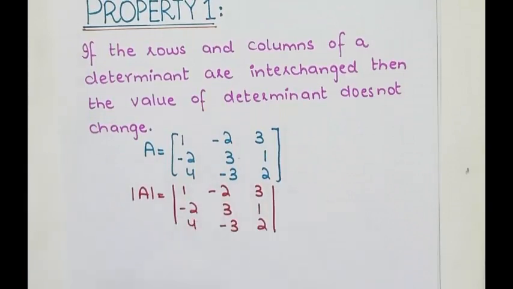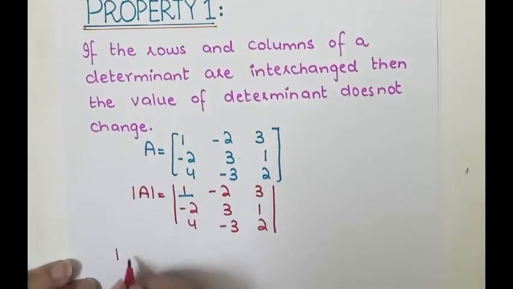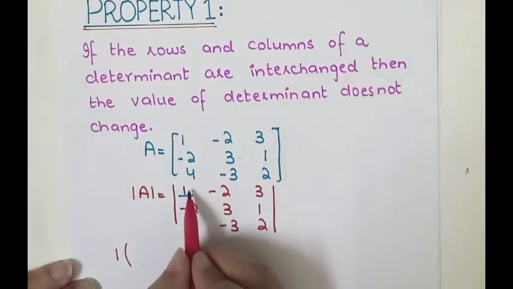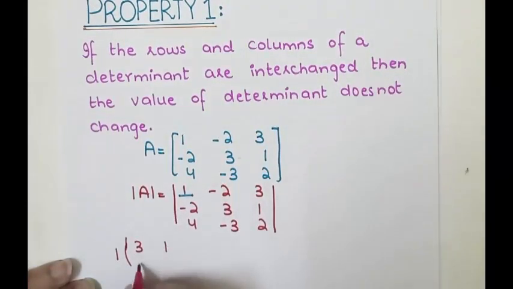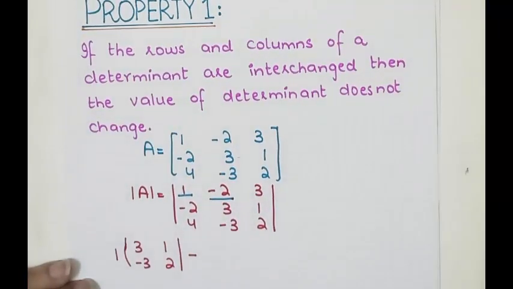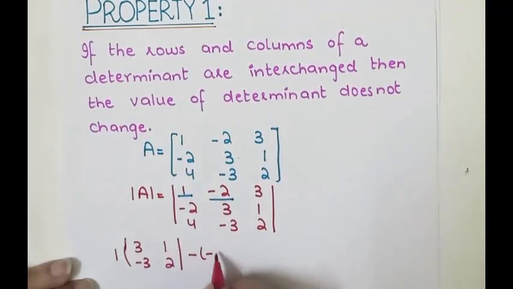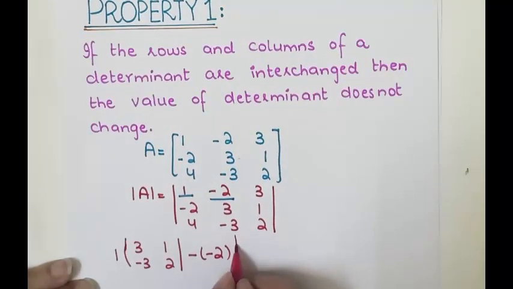First write this one like this. Now ignore the first row and first column. We have this term 3, 1, minus 3, 2. Then write minus. Now we will write this term outside the determinant.